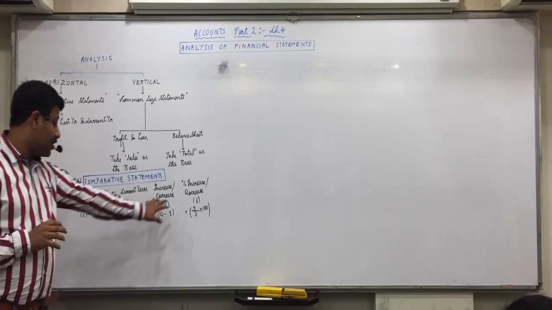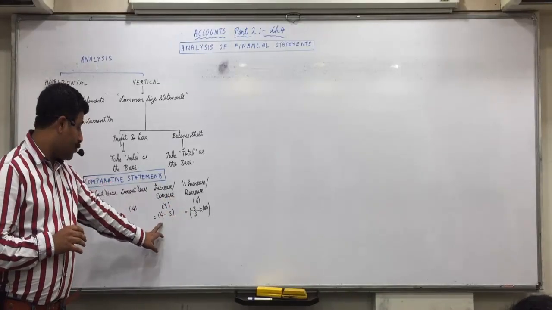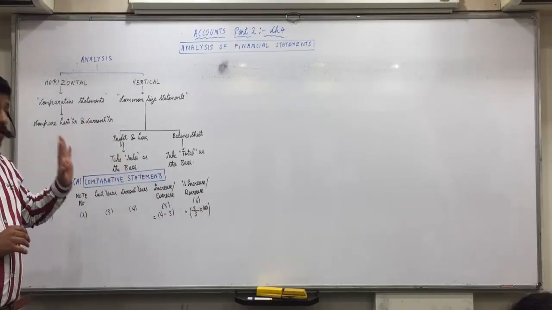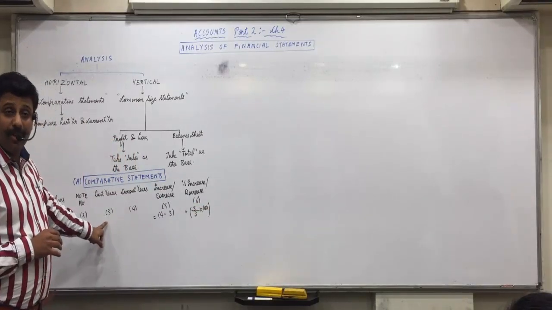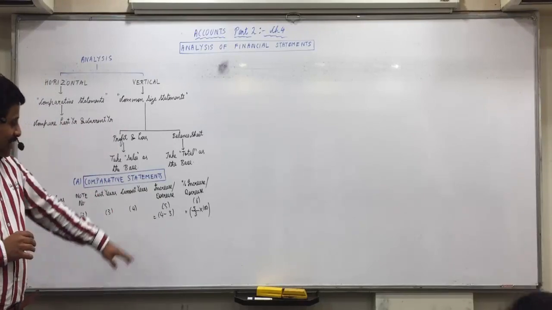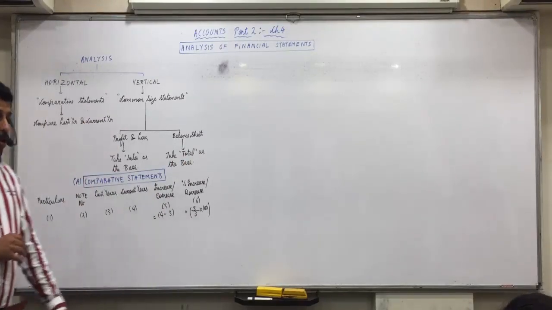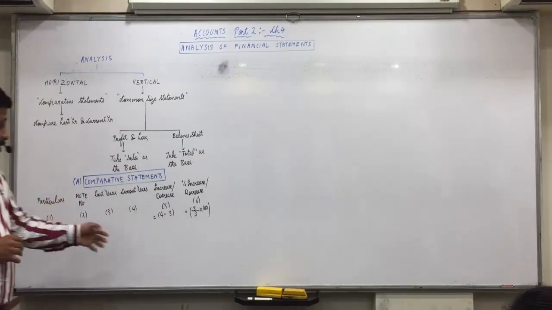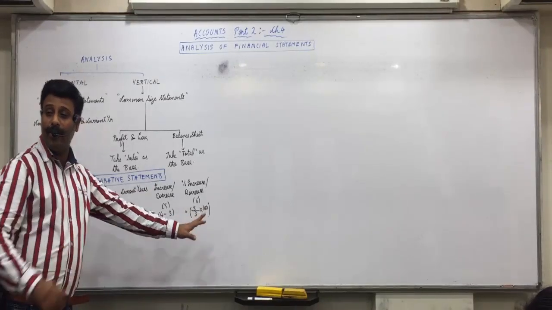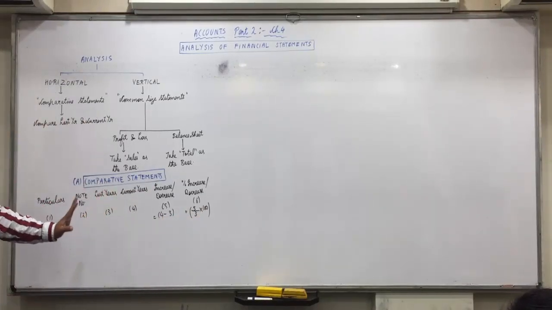And then we have to do these two calculations: 4 minus 3, and 5 divided by 3 into 100. Okay, column 4 minus column 3, and column 5 divided by column 3 into 100. Don't write 1, 1, 1, 1, 1 everywhere, and 60% everywhere. Column 4 amount minus column 3 amount, and column 5 amount divided by column 3 amount into 100. Is everyone clear with that?